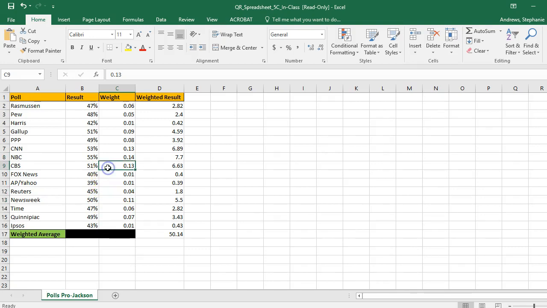Oh, there's another one, CBS. Those are the 3 top polls. Those polls could be the most recent. For various reasons, they're getting more weight. They might have had a very large sample size. For question 7, write something down because these polls play a larger role in calculating the weighted average than do the other polls. This concludes lesson 5C.